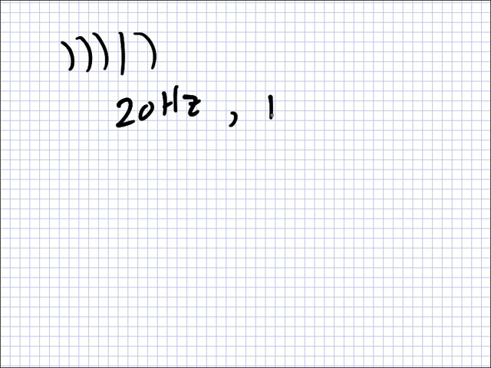Now, when you get older, this number, this 20,000, gets smaller. So, for example, maybe I can hear sound between 20 hertz and maybe like 18,000 hertz because I'm older.